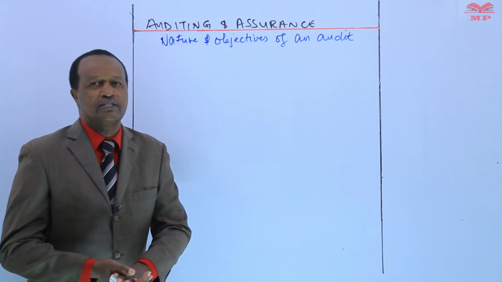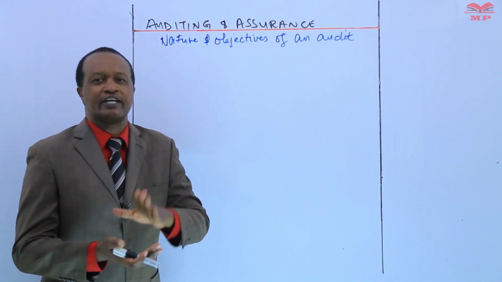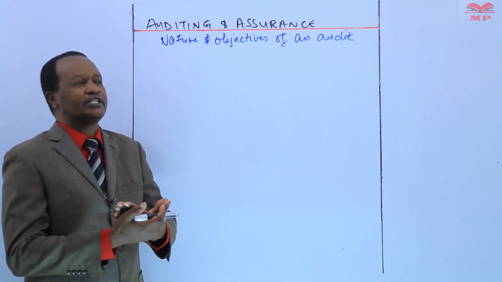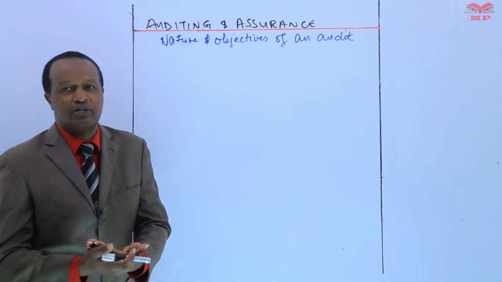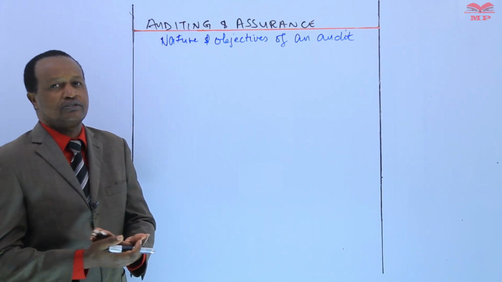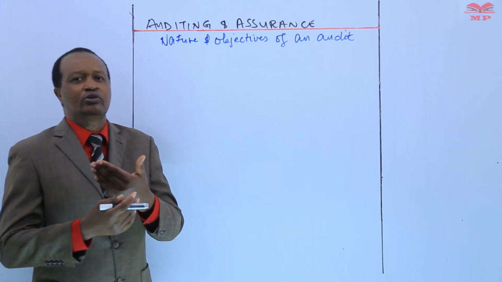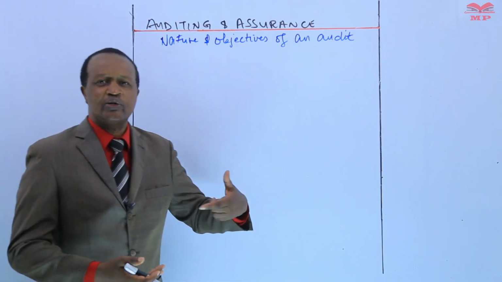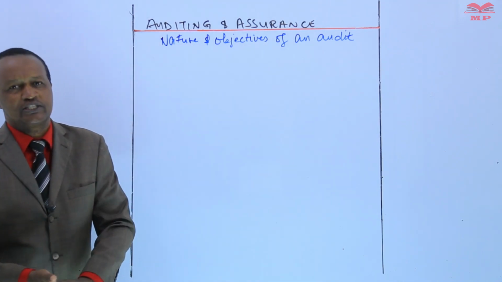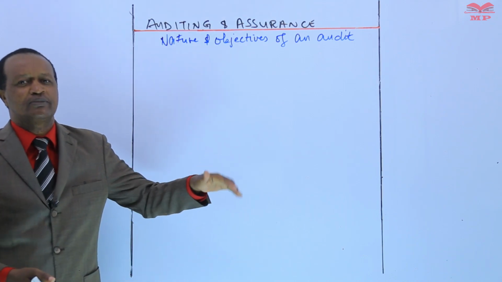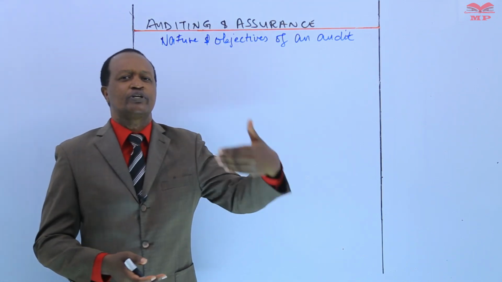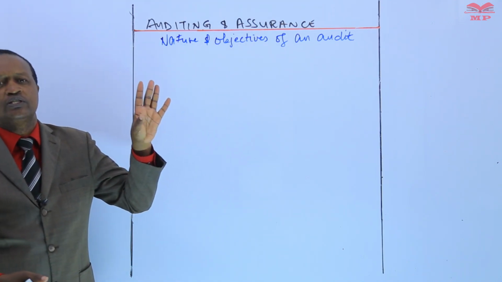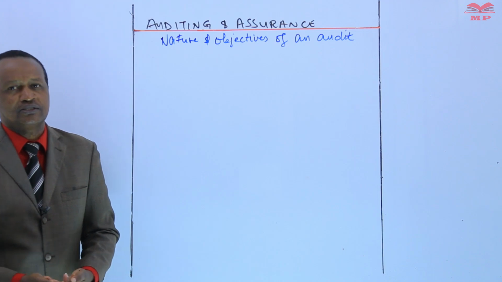This auditor assesses whether the financial information presented is fair, accurate, and complies with applicable accounting standards and regulations. Audits are typically conducted on an annual basis for most organizations, although some may require more frequent audits due to their size, industry, or regulatory requirements.